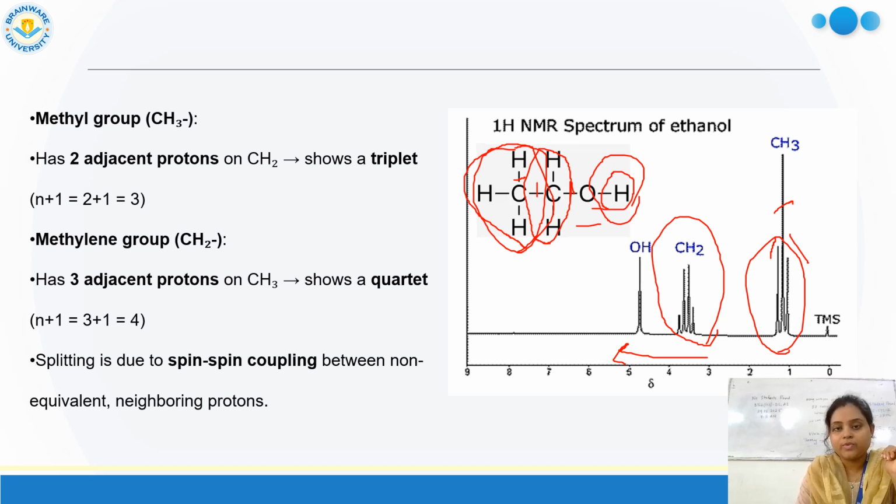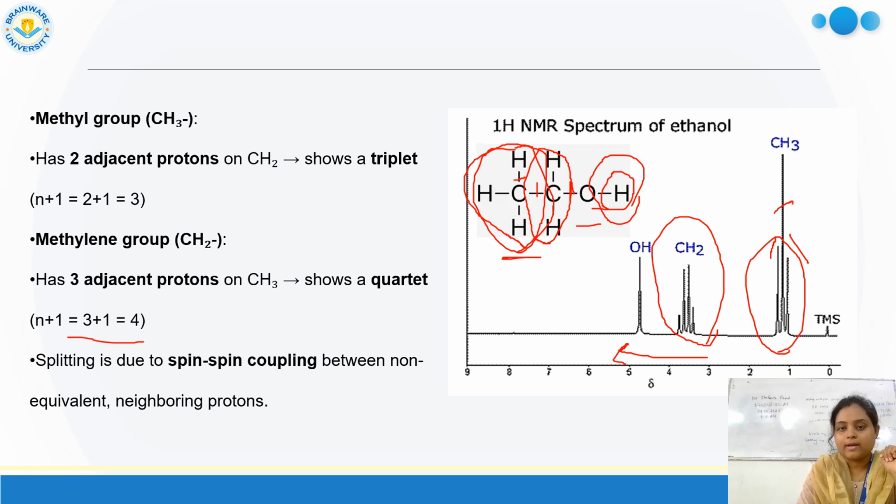So that's why this hydrogen will not be detected by the NMR. So only we'll consider the CH3 protons. There are 3 hydrogens, so we'll get a quartet. Quartet means 4 signals. Here also we see 3 plus 1 is 4, so we'll get 4.